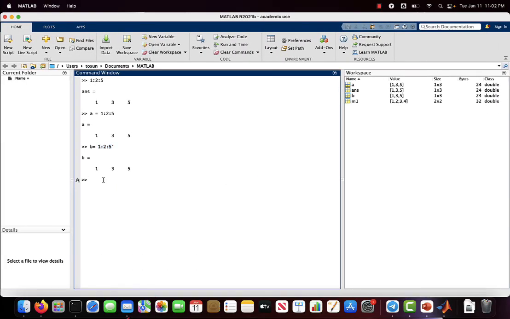And right now, if I use B equals (1:2:5) and after the parentheses the transpose, Matlab will first execute the inside of the parentheses, and then it will execute the transposition, and it will return a 3 by 1 column vector.